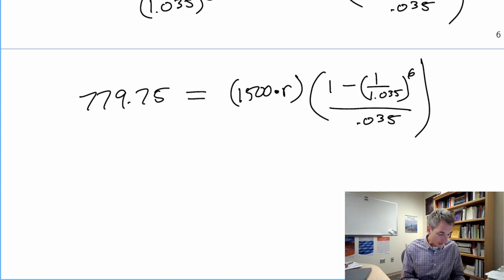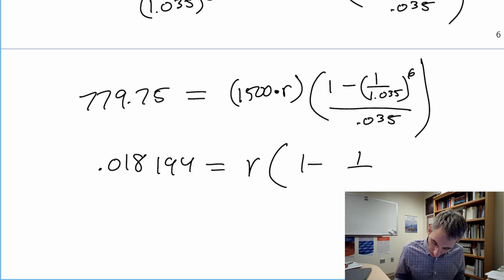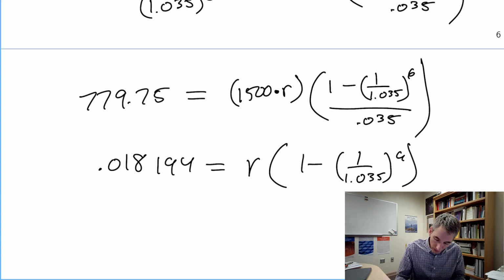We can multiply it by 0.035, and that gives me 0.018194, which is equal to R times 1 minus 1.035 to the 6. And so R, whatever it is, should equal 0.01819 divided by 1 minus 1.035 to the negative 6 power. And I'm getting R to be 0.0975.